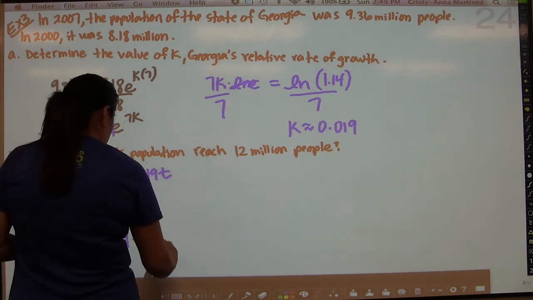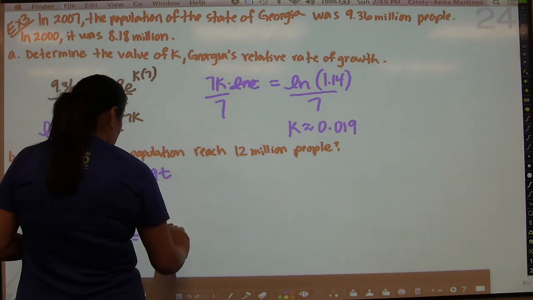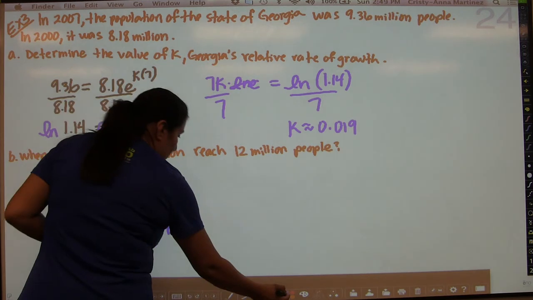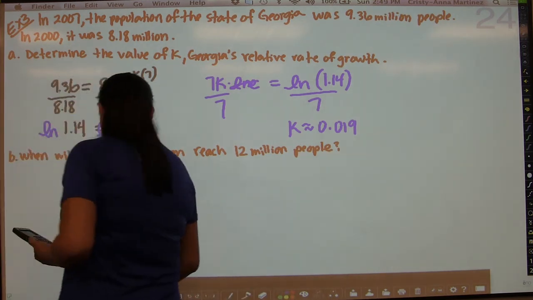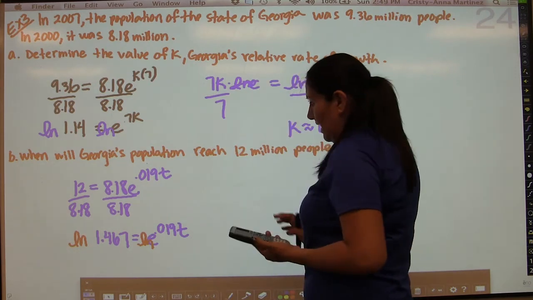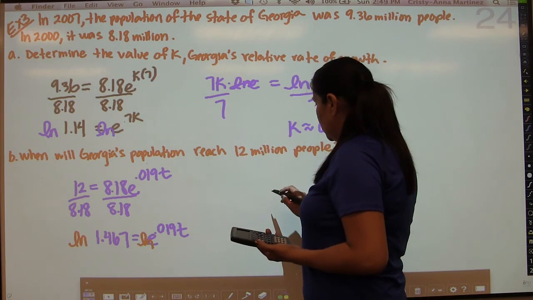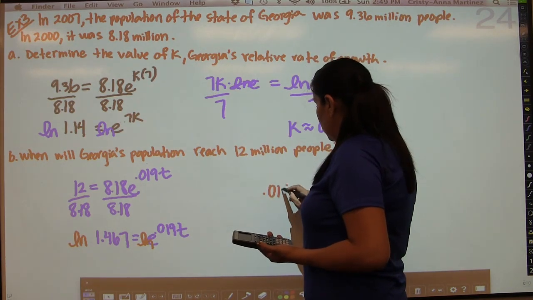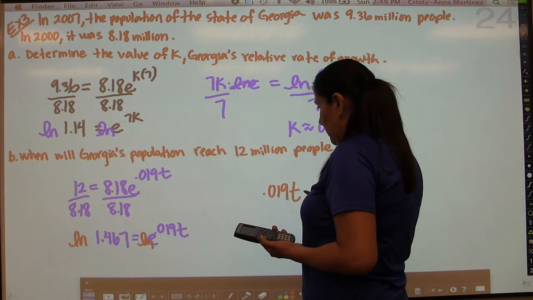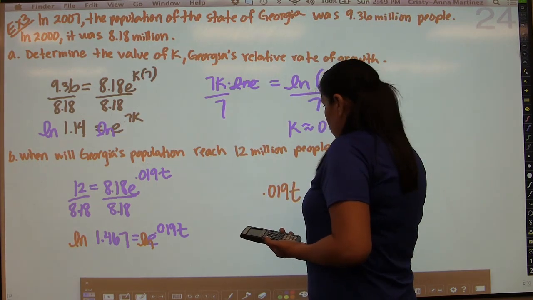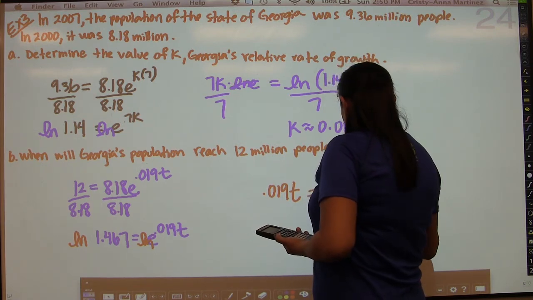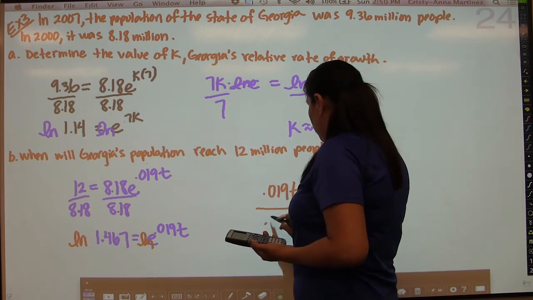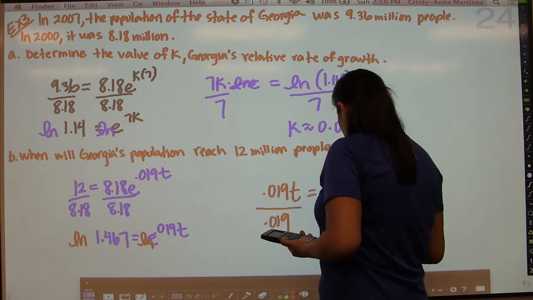And e to the 0.019t. We take the log of both sides. And by now I think that we're pretty comfortable with the fact that the ln e is going to cancel. So we're just going to get 0.019t on this side equal to the ln of 1.467, and we'll divide that by 0.019.